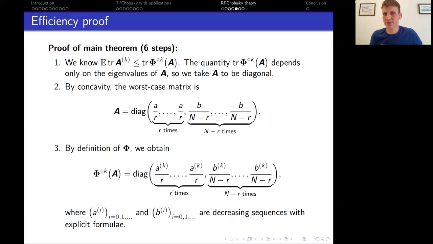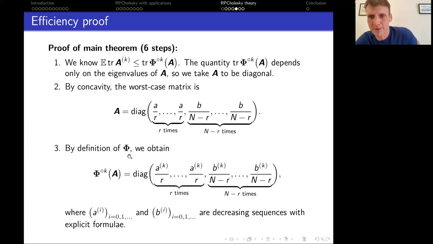This is the worst case matrix in the sense that it gives this quantity as bad as possible while keeping fixed the sum of these and the sum of these. Worst case is achieved by averaging. And then you notice, we know what phi is.